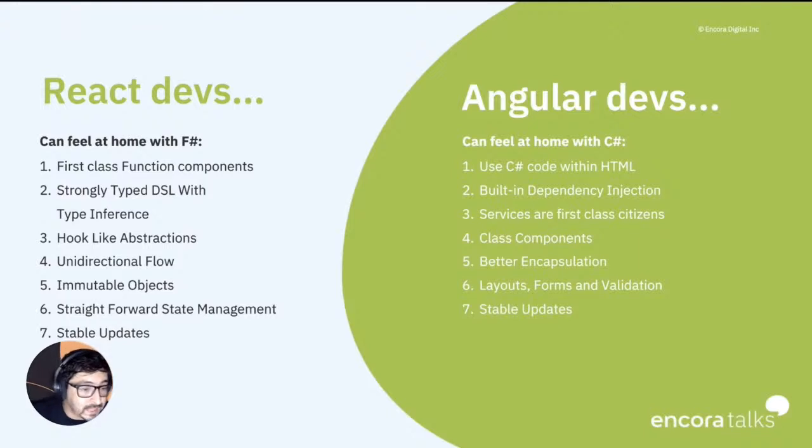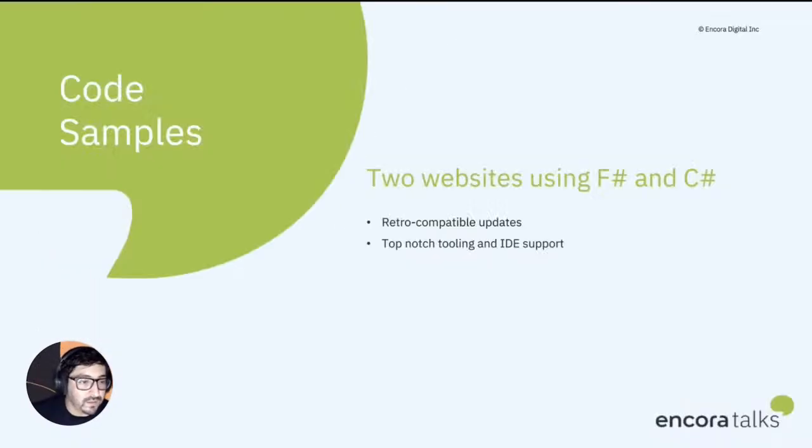You have better class encapsulation, and you have class components as well. You can also use your forms validation and other concepts that you may already be familiar with in Angular, but in this case, they apply to C# as well. So even if you think that you may not take most of it, you are almost there. So it won't feel really that different.